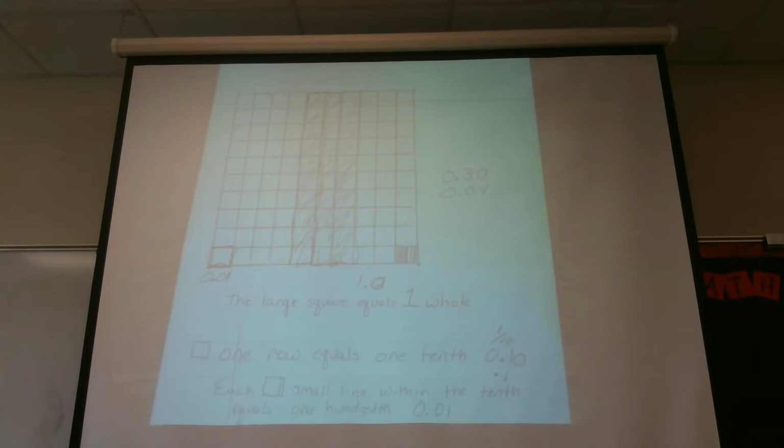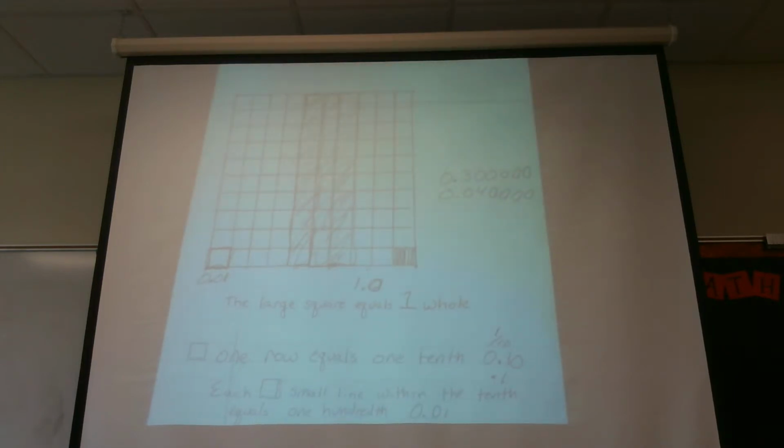I could add 4,286 zeros to the back if I wanted. I don't want to. But I could do that to compare with decimals. If I wanted to just continue adding zeros, I'm not changing the value.